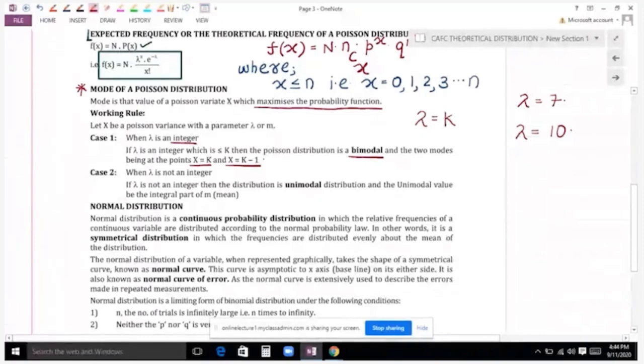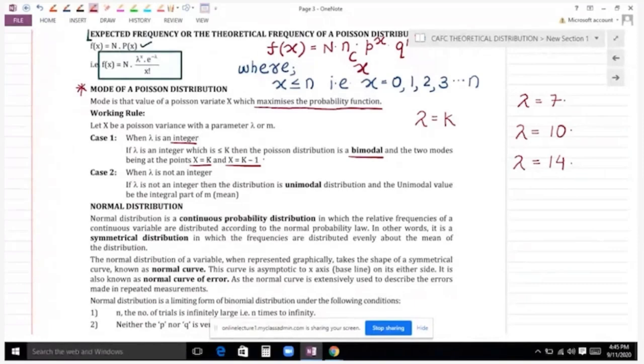Lambda is equal to 14. Correct, it is 14 and 13.